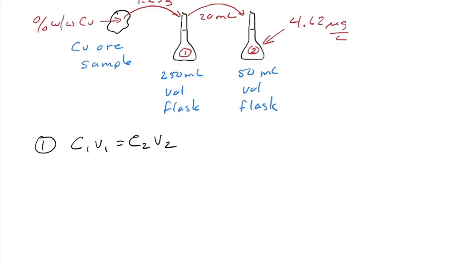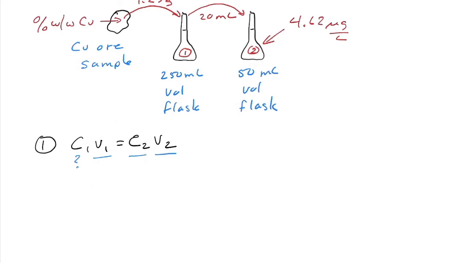All right, so in this case V2 is the total volume of our dilute solution, which is 50 milliliters. C2 is what we got from analysis, 4.62 micrograms per liter. V1 is the volume of sample that was taken from the 250 milliliter volumetric flask, which is 20 milliliters, and C1 is what we're trying to figure out.